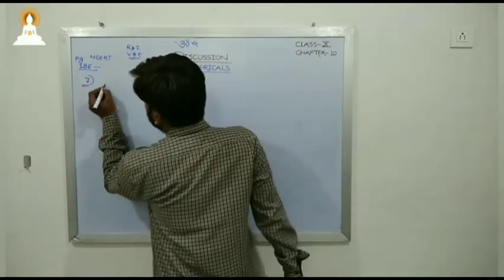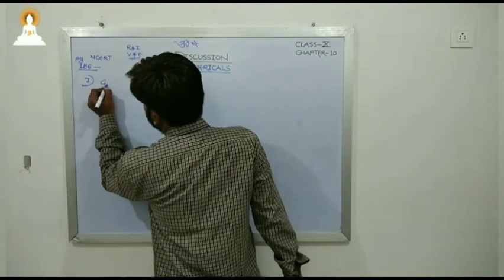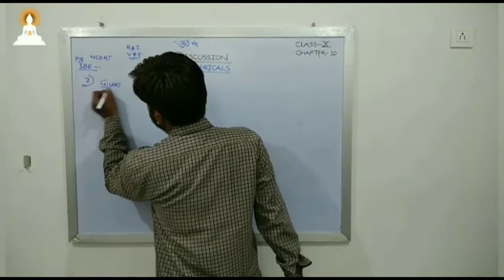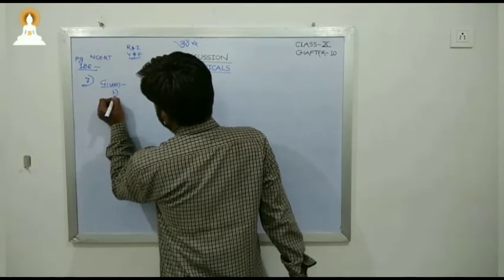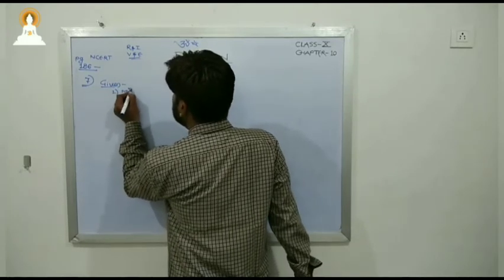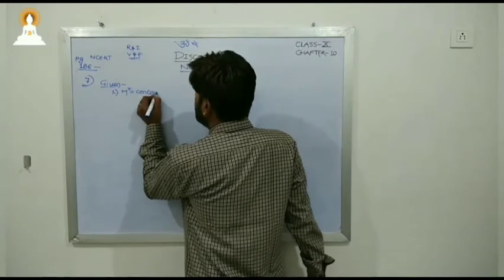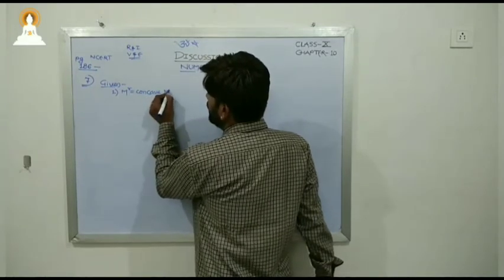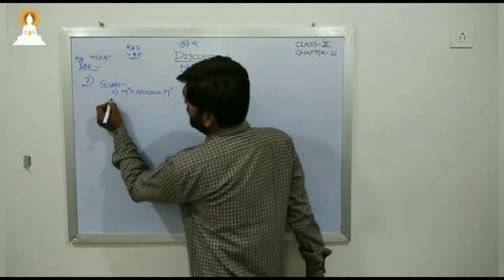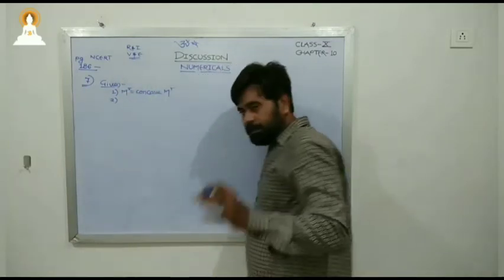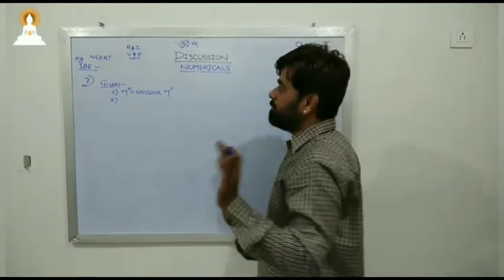Now, the very first thing they have given is the mirror. Which mirror? The concave mirror, very important. One more thing they have given is that they need an erect image. An erect image will always be virtual.